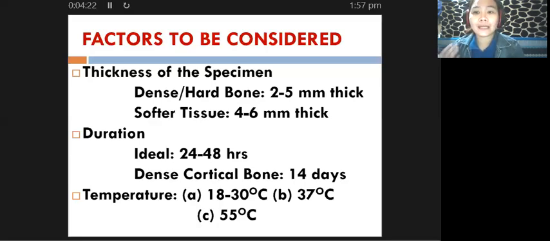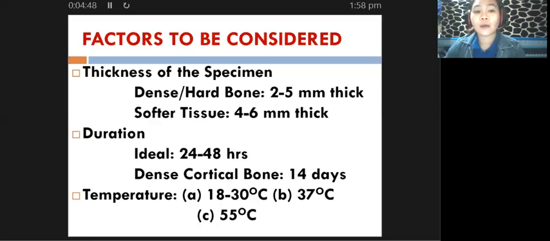Ideally, we have to complete the decalcification process within 24 to 48 hours. However, for our dense cortical bone samples, cortical refers to your compact bone tissue.